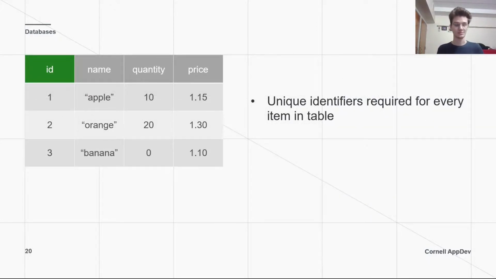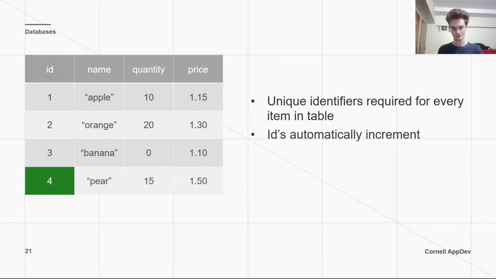The ID column is a little bit special. We've defined the ID column, and we'll show you how to define the ID column, such that it is required to be unique for every item in the table. And this is important for the same reason that you had unique IDs in your global variable for your Reddit clone, so that we can directly reference any object, any entry in a table.